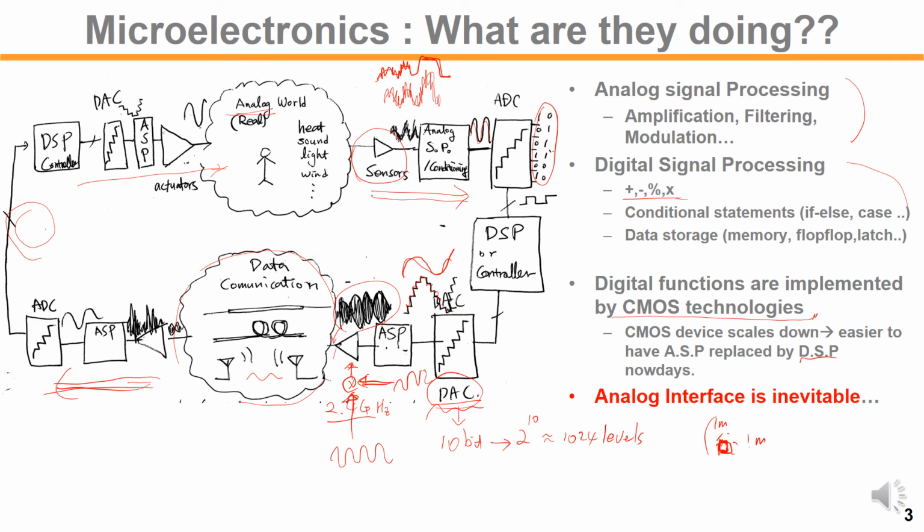Why? Because the actual real world is analog. We have to deliver the analog signal to the digital domain, so the interface circuit is always analog.